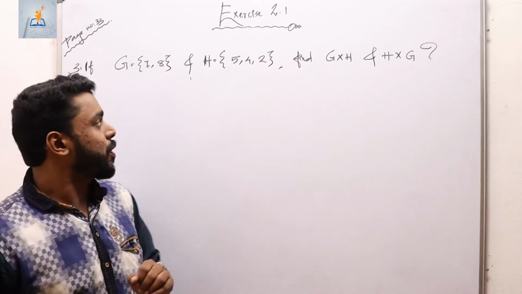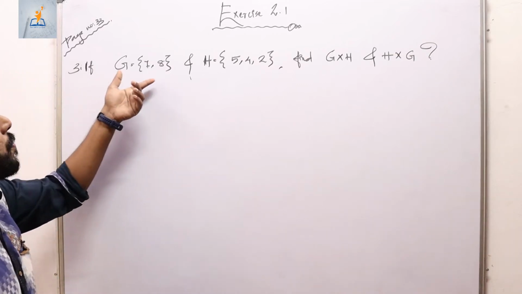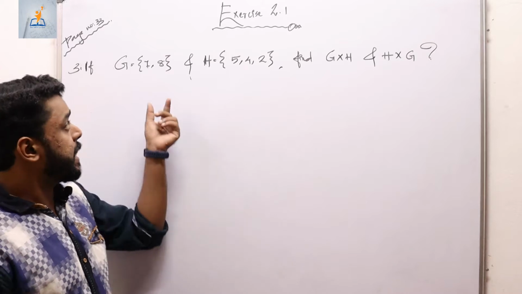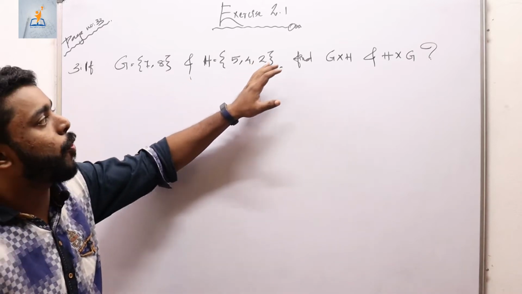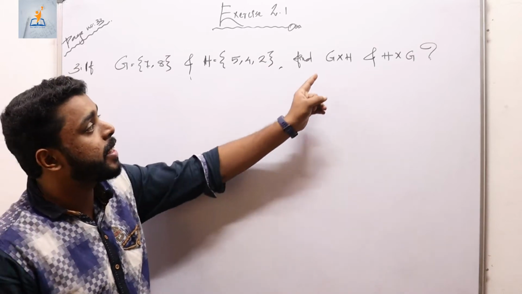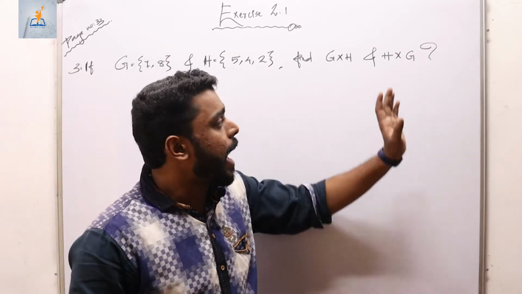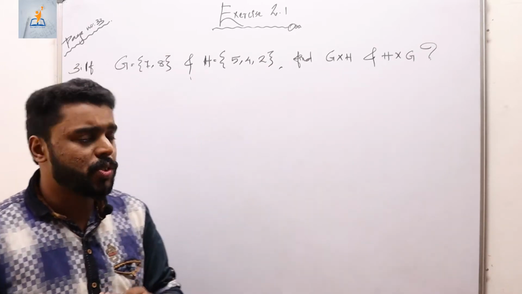Coming to the third question: if G is equal to the set {7, 8} and H is equal to the set {5, 4, 2}, then we have to find G cross H and H cross G. It's very simple.